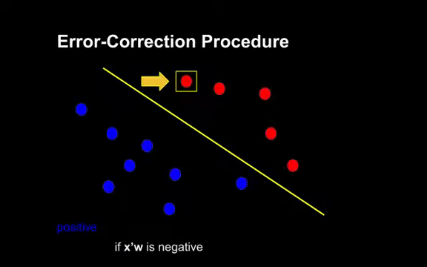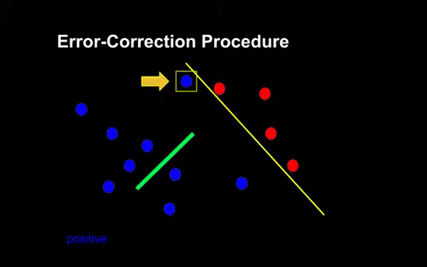But to do that with math, you need to look at that dot product. And so the dot product with the weight vector is going to be negative. If that data point is from that -1 category, then it's fine. You don't do anything. But if that data point was actually from the positive category, now you have a point that's on the wrong side of the line. So we have to move the line to make sure that all the points are on the correct side.